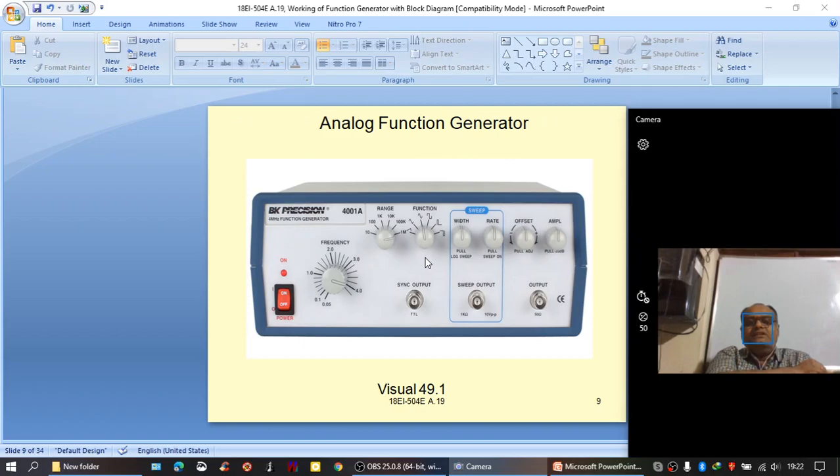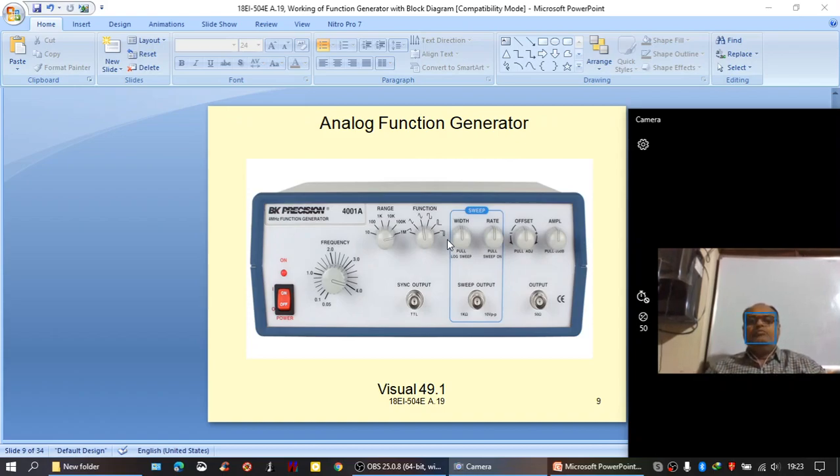And you can see the variety of signals that can be produced by using this. A ramp signal is available, a triangular signal is available, a sinusoidal signal is available, a square wave signal is available, a positive pulse is available, and negative pulse also is available.